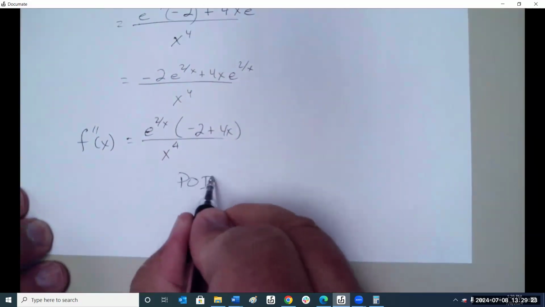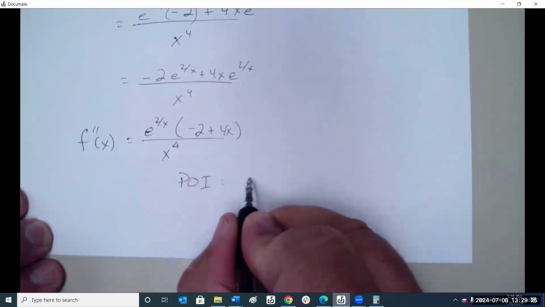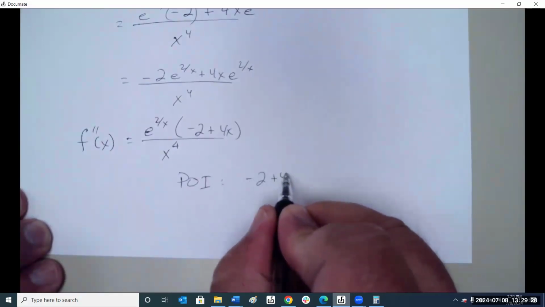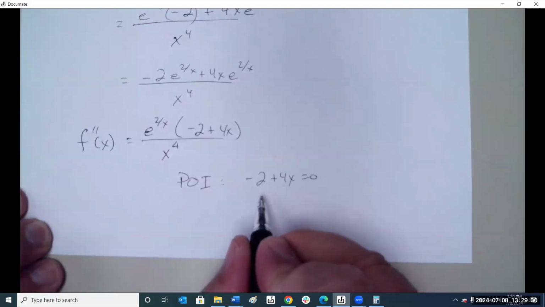So the point of inflection is where -2 plus 4x equals 0.